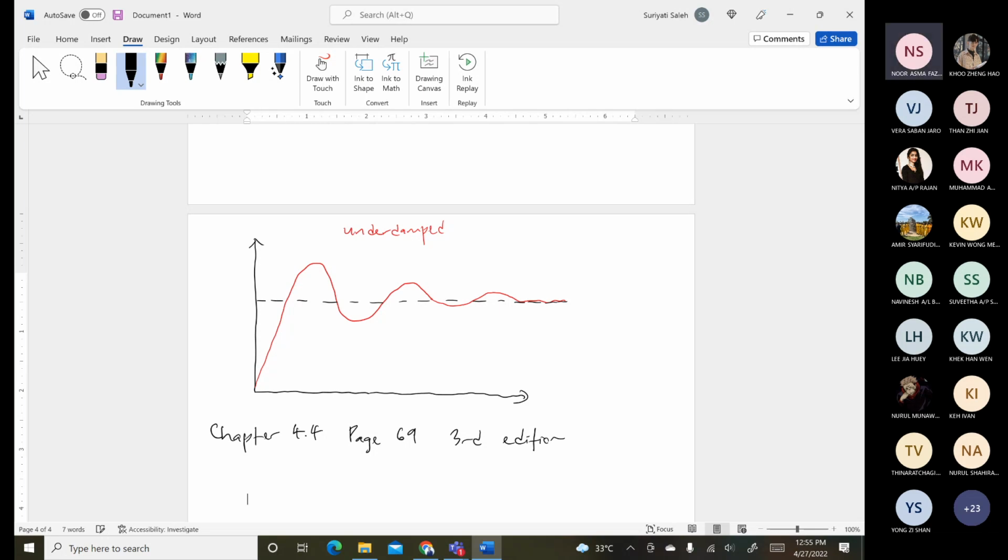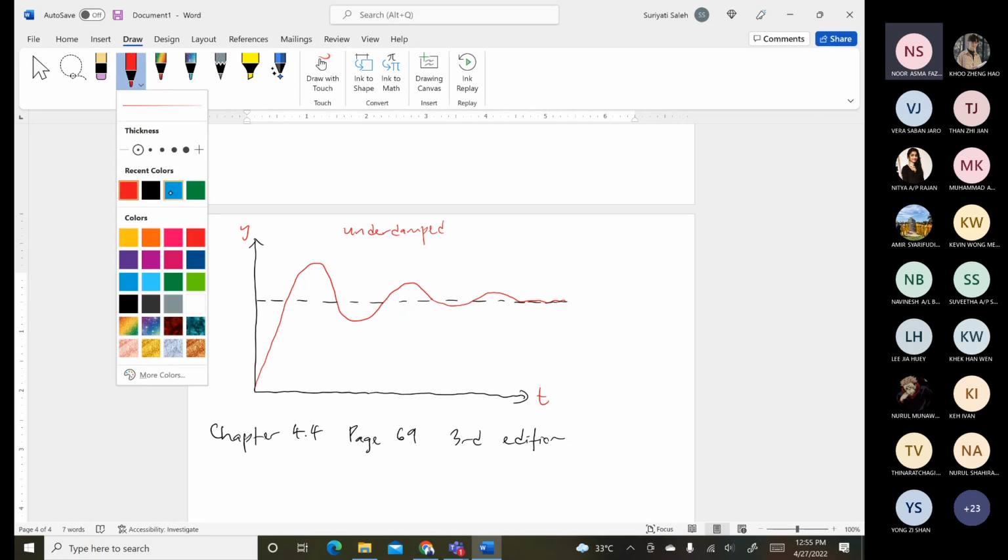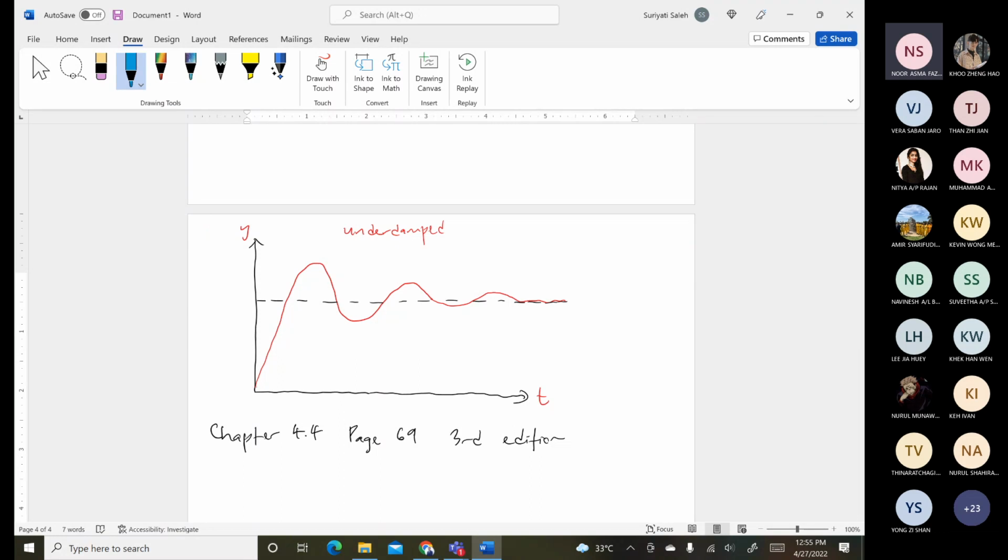So what are the characteristics? We start from the left to the right. Let's say this is Y and this is t, where Y is the output variable. Our starting point will be here, the initial value.